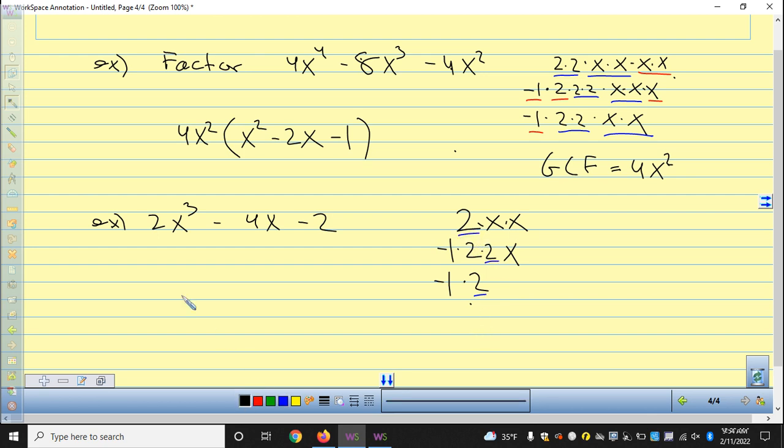So I pull the 2 out front, and then I leave inside whatever's left. Here I have x times x, which is x squared. Here I have negative 1 times 2 times x. And here I just have a negative 1.